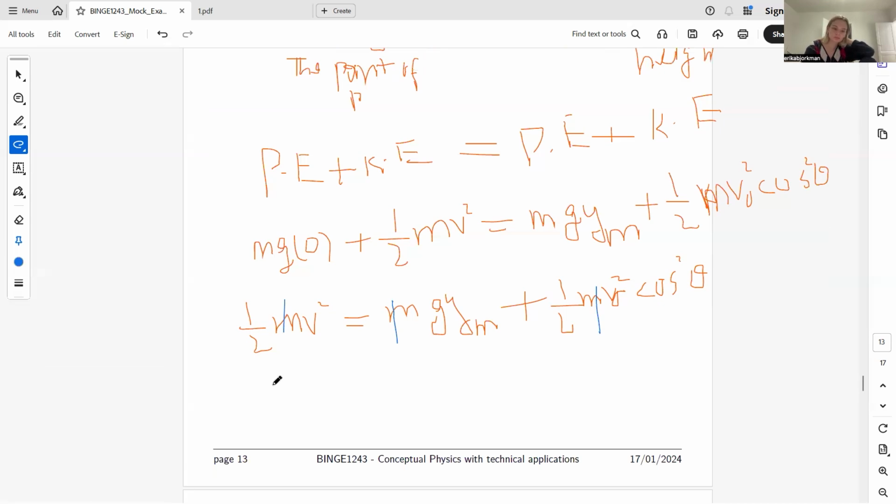Then our equation will become 1 by 2 v naught square is equal to g ym plus 1 by 2 v naught square cos square of theta.